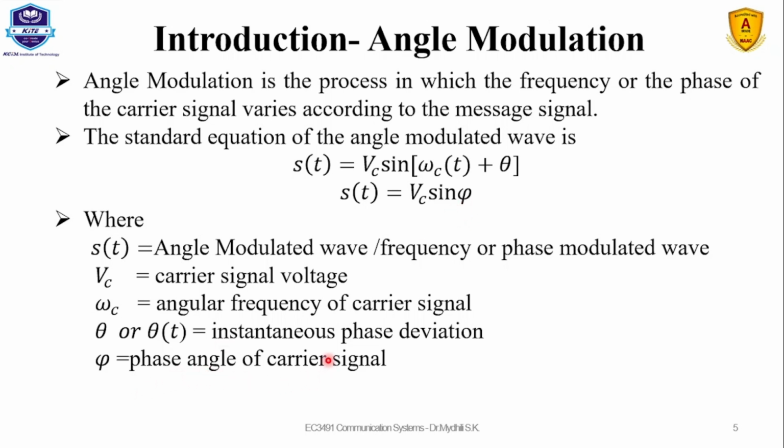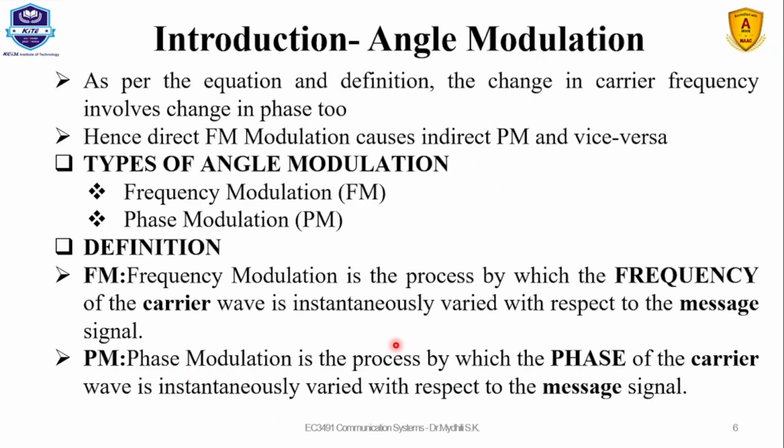From the previous amplitude modulation case itself, we know the output can be represented in terms of the carrier signal. This is the carrier voltage, and the sinusoidal or cosine signal is taken with respect to the angular frequency, that is omega c t plus the angle, that is the instantaneous phase deviation. Altogether this can be represented as the phase angle of the carrier signal.